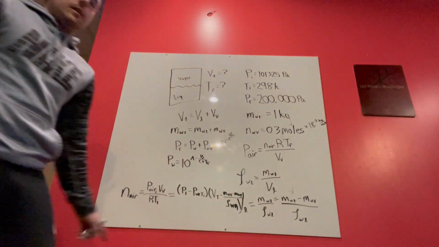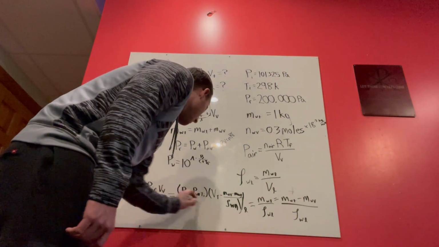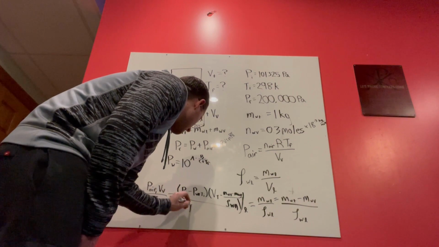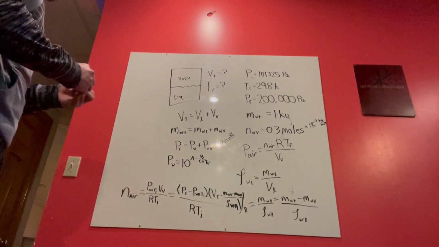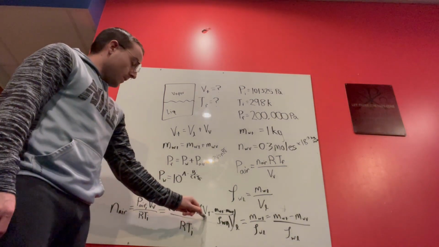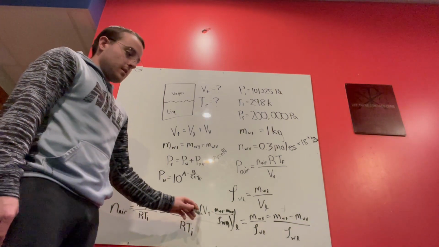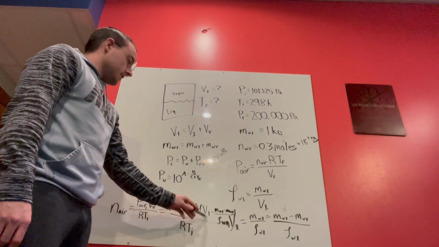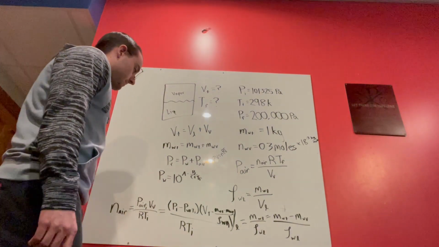I kind of ran into that equation, and that will all be over R times Ti. So what that equation does is it gives us our total volume in an equation that we can then use to eventually solve for the total volume, which is one of our unknowns.